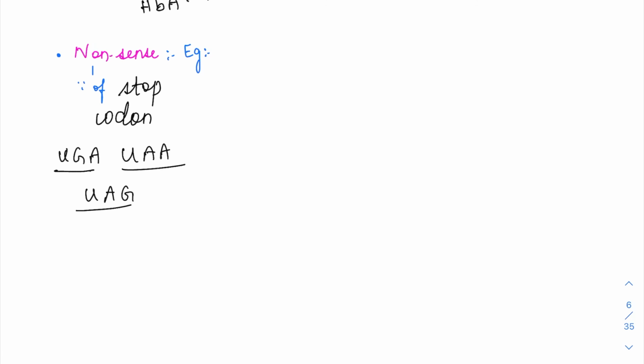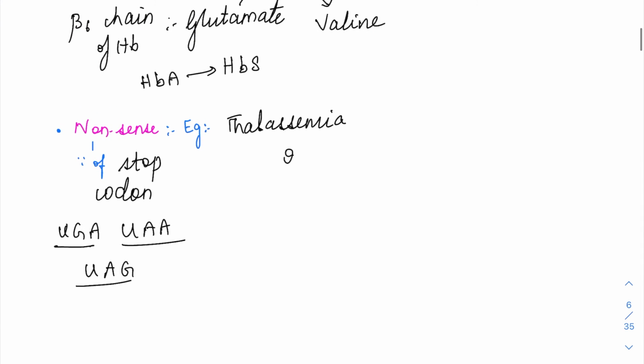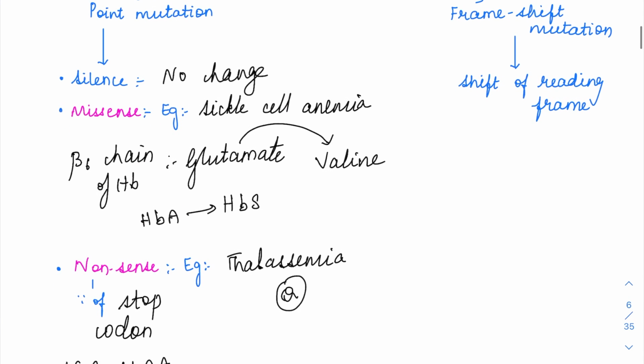So a truncated protein is formed. It doesn't have any meaning, it doesn't form any proper protein. So this is a nonsense mutation. There is no sense to this. The best example of this is thalassemia. So thalassemia is an example of nonsense mutation, while sickle cell anemia is an example of missense mutation.